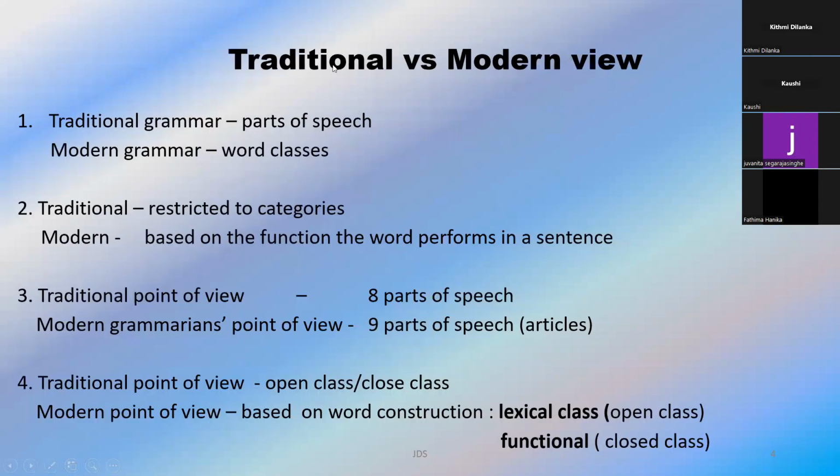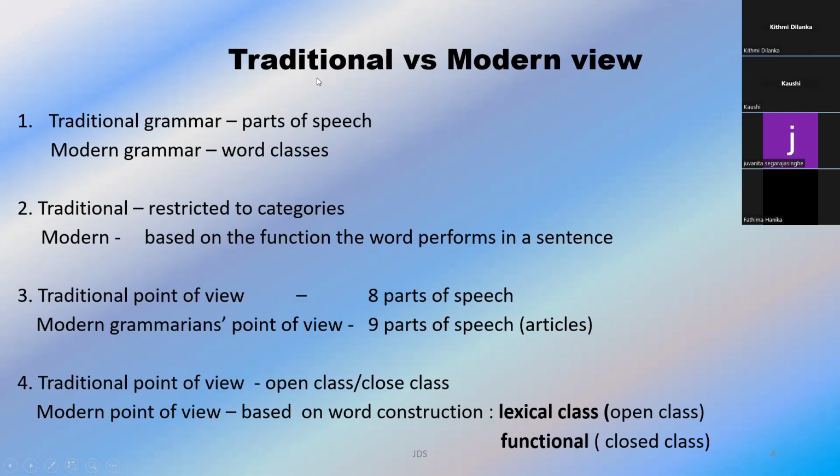Now look at the different views that get related to parts of speech. So first and foremost, remember there are two different views related to parts of speech. One is the traditional view, how traditional grammarians viewed parts of speech.